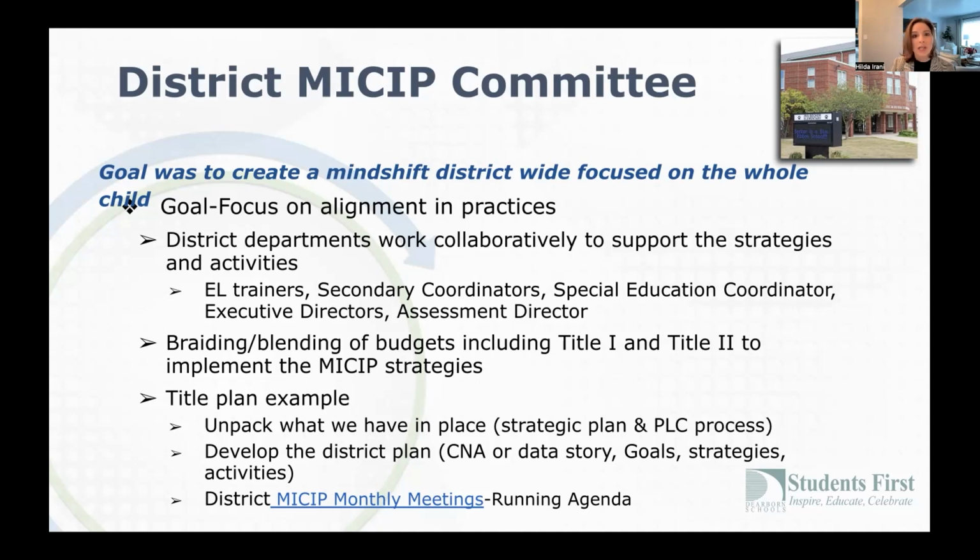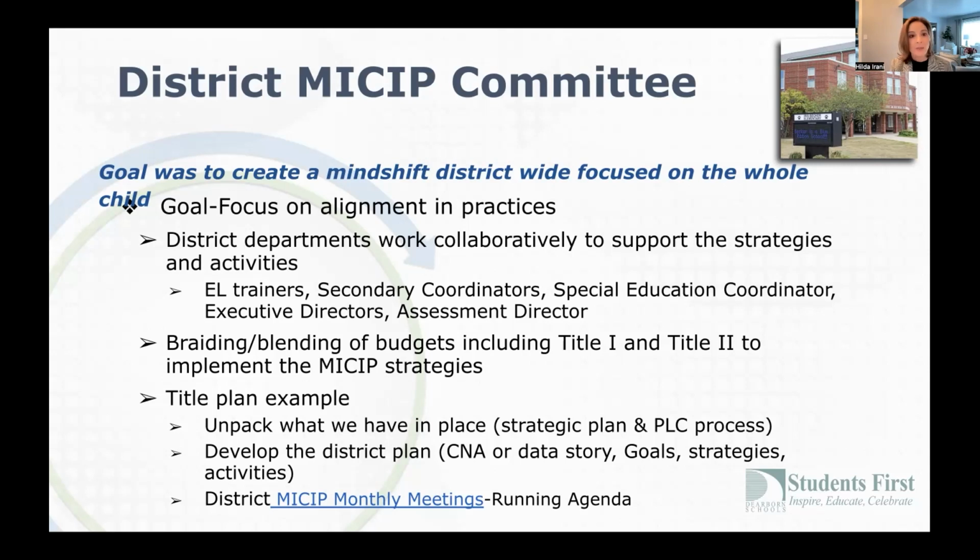While transitioning now to a district MICIP committee, this was going to be the group that was going to spearhead this work. It needed to be well represented. And so it was reassuring to see that many of the thinking and the beliefs that we had aligned perfectly with what was expected in the continuous improvement process that the state was introducing to us. And so it was well represented by various stakeholders.